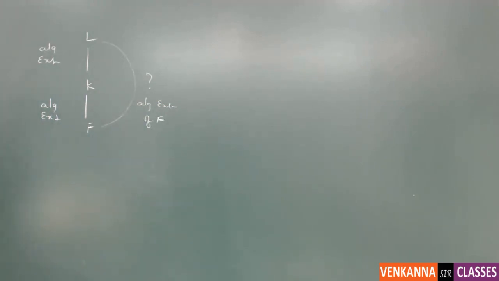Did you get the concept? If you take the hierarchy like this, K is an algebraic extension of F, and L is an algebraic extension of K. Now the question is, is the topmost set an algebraic extension of the smallest one or not? Clear? Please take a note of the question. This question is given in the previous year papers.